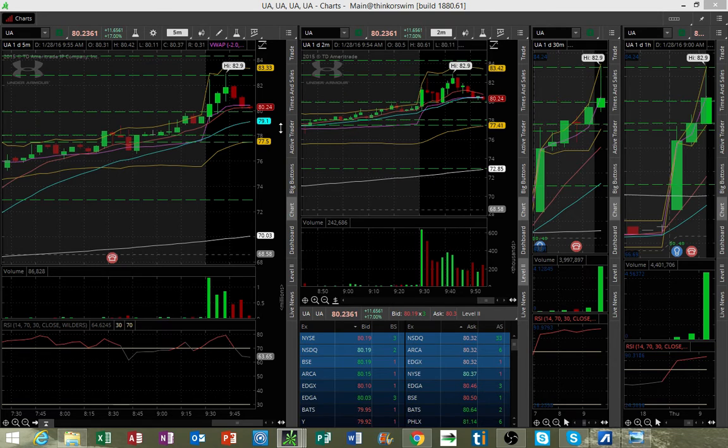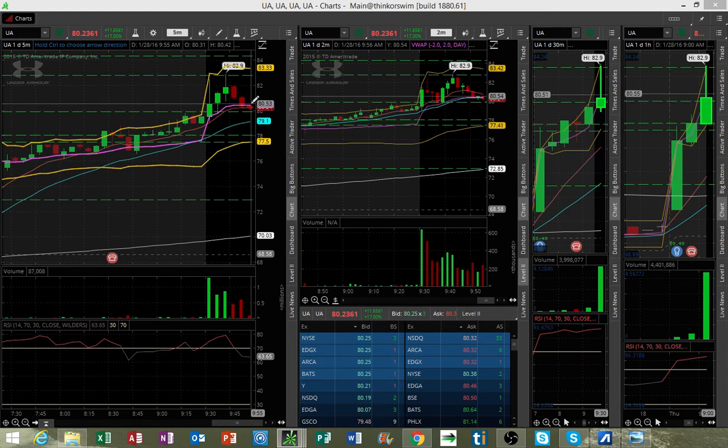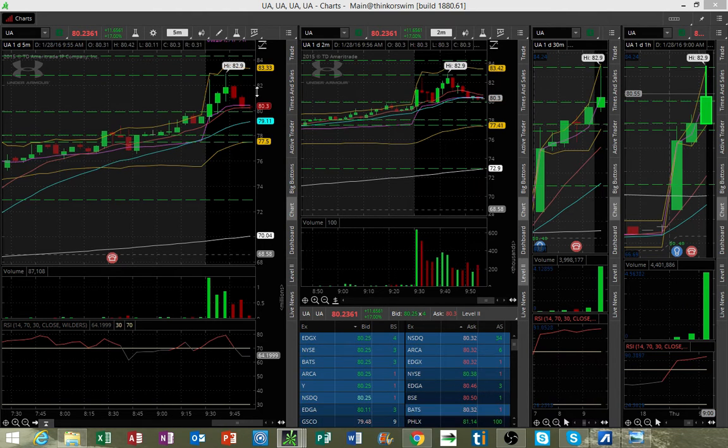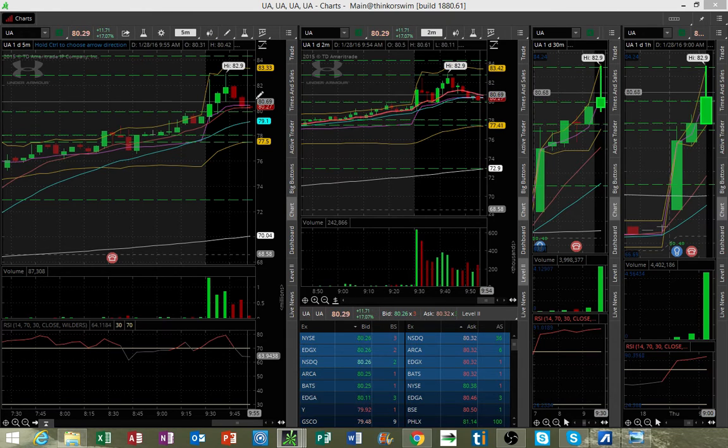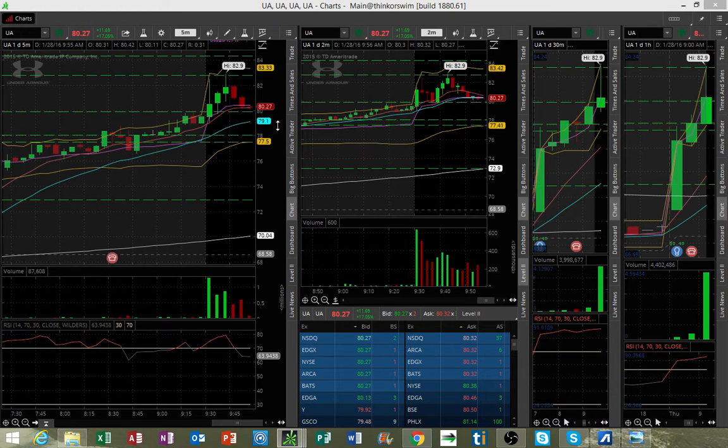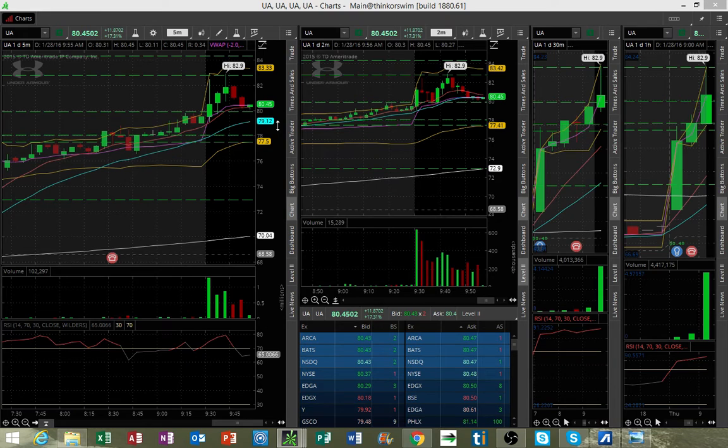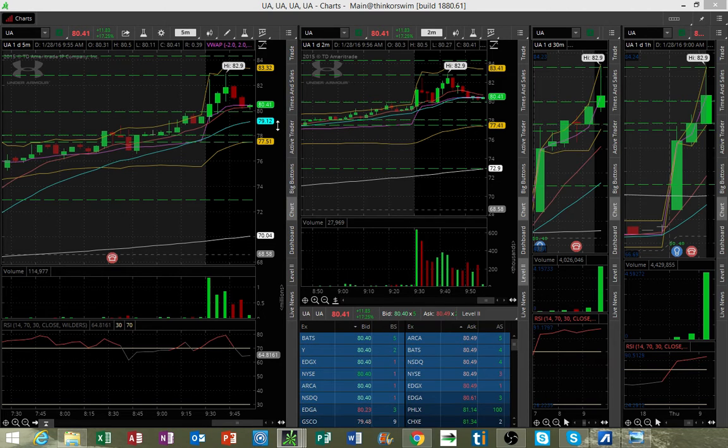I would have just taken my profit, because had this thing closed above VWAP and started to push back, my plan would have been dead. So I just waited. I think my average now was 81.15, I believe, once I added this stuff back in.